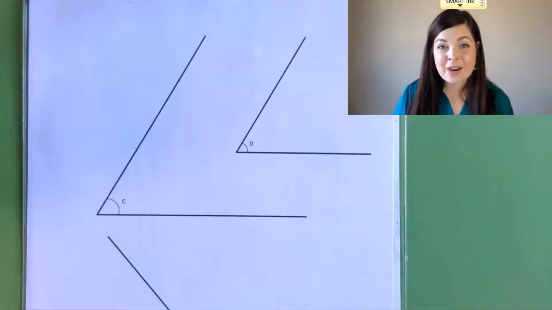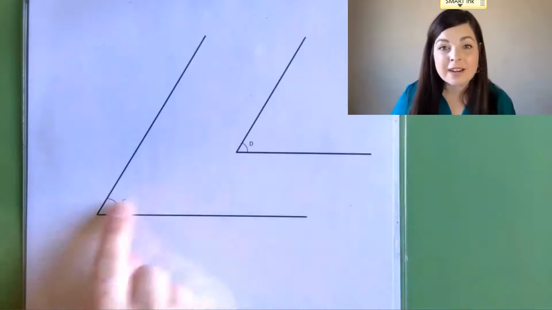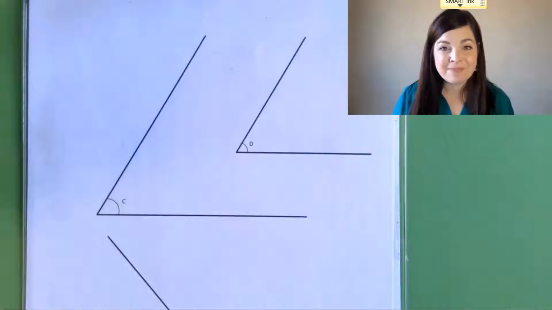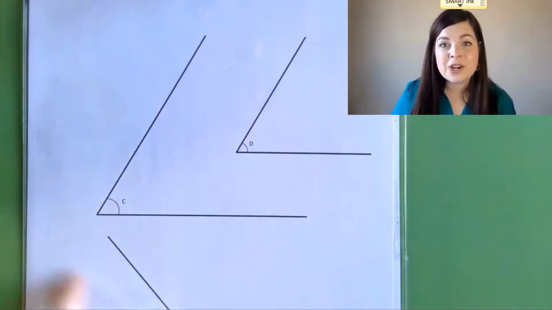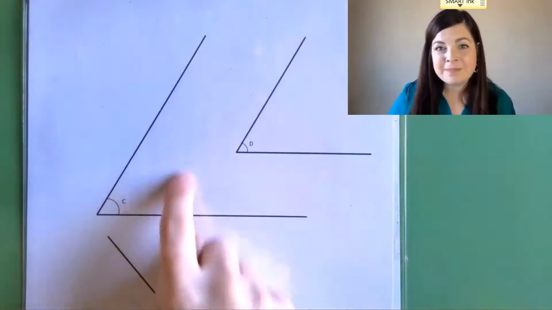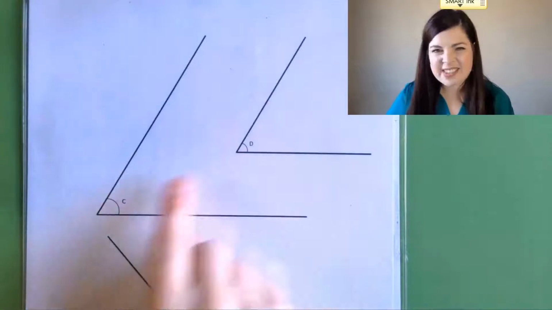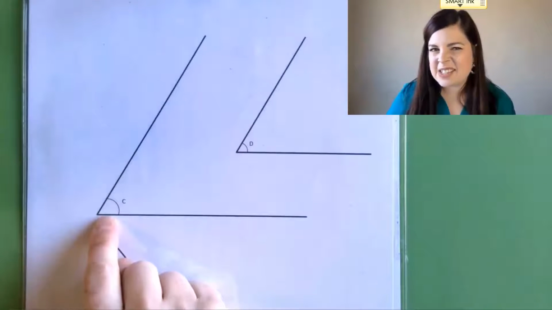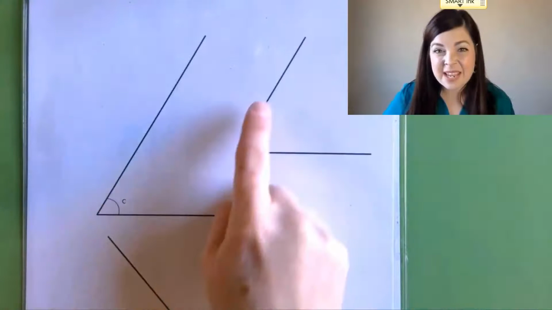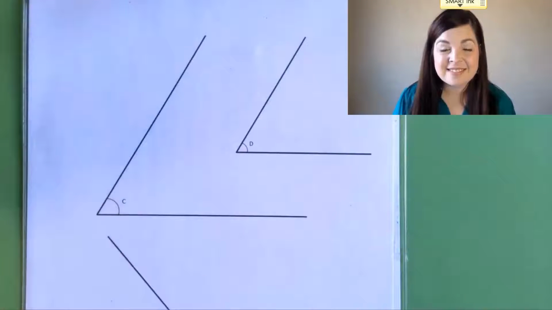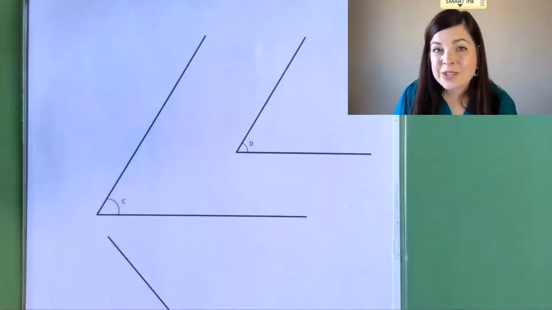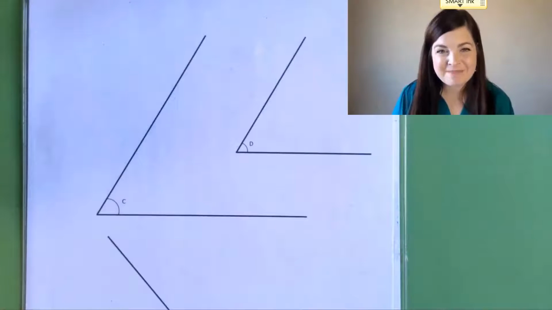Maybe you noticed that the arc length in angle C is longer than the arc length in angle D. It looks almost like angle C came from a larger circle than what angle D came from. Or maybe you were thinking that even though the arc lengths are different, it still looks like the angles might be the same size. Well, let's measure to see if each angle turns the same number of degrees.